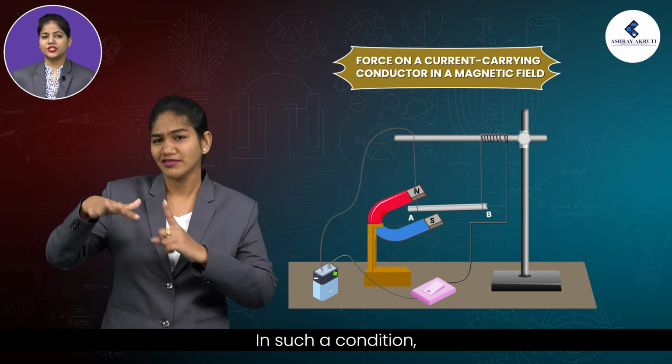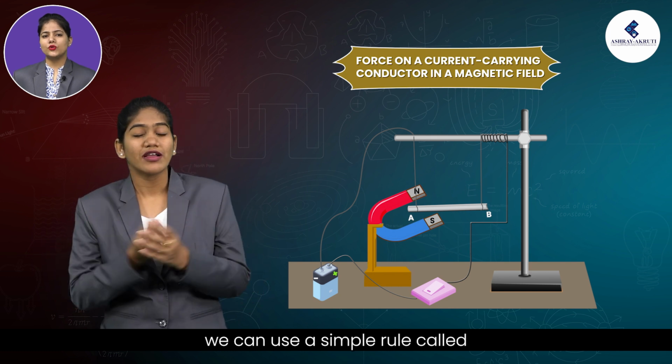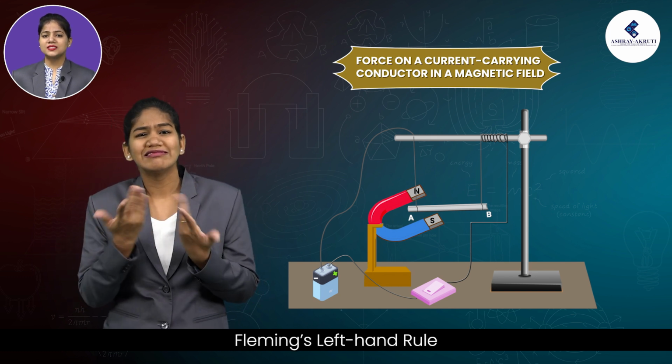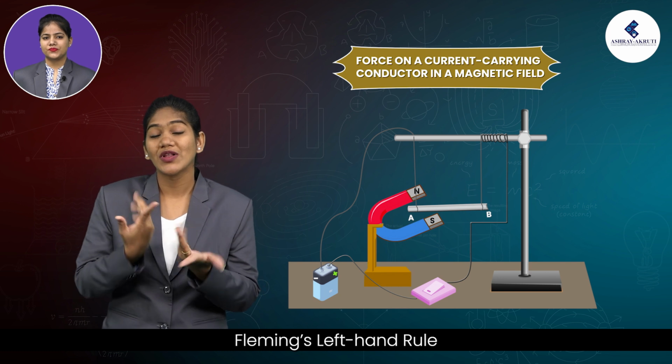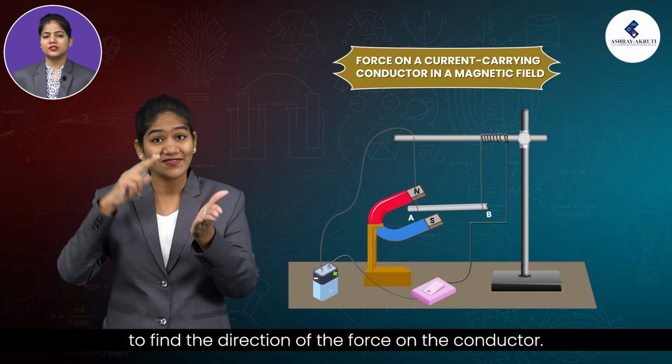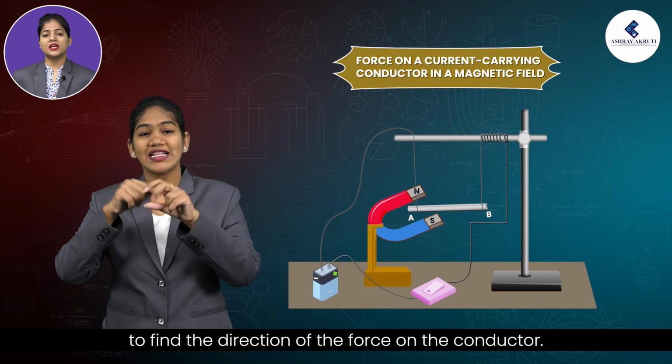In such a condition, we can use a simple rule called Fleming's left-hand rule to find the direction of the force on the conductor.